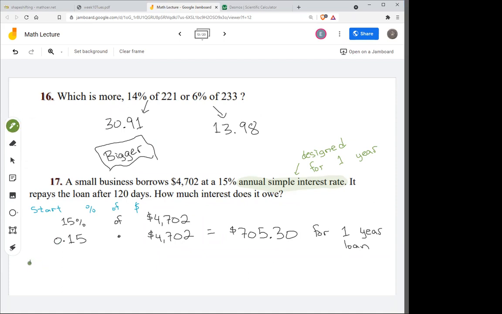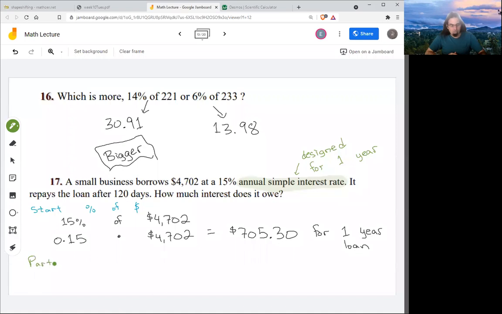Then we get the part of a year discount. This person, whoever borrowed it, this business, doesn't have to pay all that money. We take the 705 and prorate it. So we're going to multiply it by something to show that it really was only 120 days. Any ideas what to multiply?